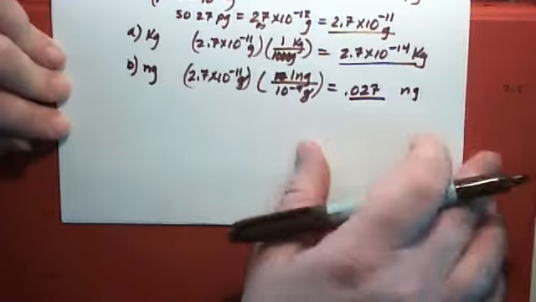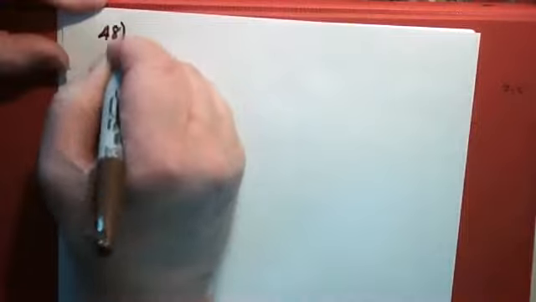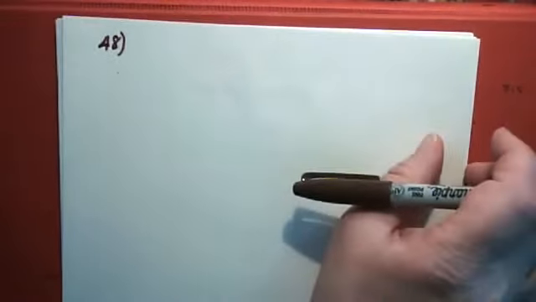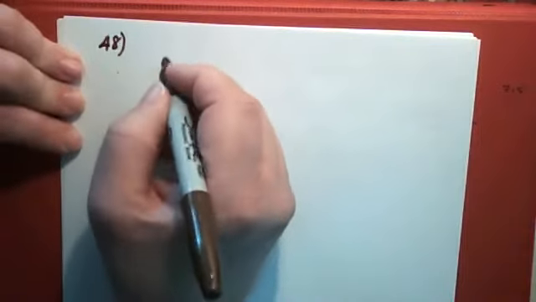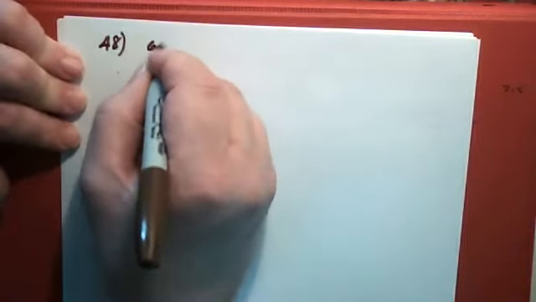Let's see, number 46, how about 48? Okay, 48 is about mosquitoes. Mosquitoes during their courtship rituals flap their wings at about 605 beats per second.